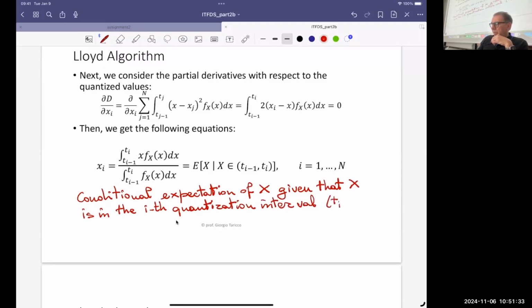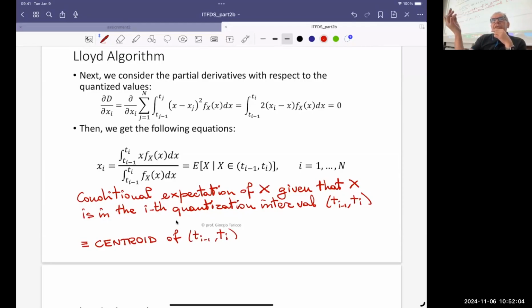That is ti minus 1 ti. This is also called the centroid of this quantization interval. The centroid with a uniform distribution would be the middle point.